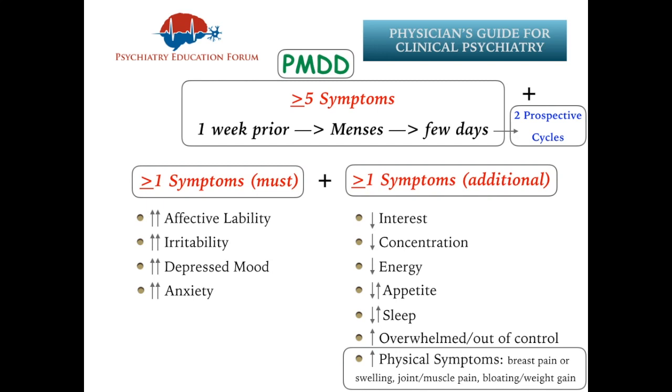So the main difference between PMDD and PMS is, first, definitely PMDD has more severe symptoms affecting daily functioning, whereas PMS severity is not that high. And also the PMDD diagnosis is given in the American APA diagnostic criteria, whereas the PMS diagnosis is given by ACOG.